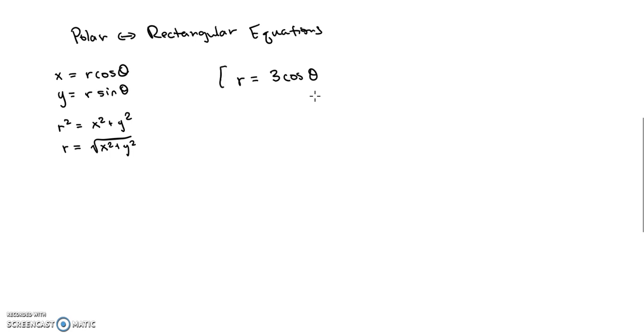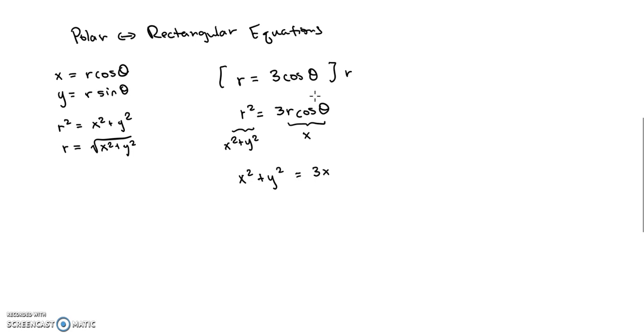So let's try multiplying the entire equation through by r. That's going to give us r squared equals 3r cosine theta, and now we've got some things we can work with. So r cosine theta is x, r squared is x squared plus y squared. So now we can make a substitution. We've got x squared plus y squared equals 3x.